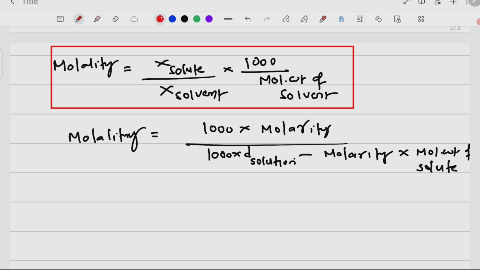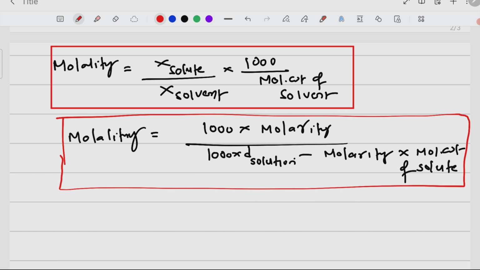So here is an important formula. These interconversion formulas make the difference between top students and slow learners. Molecular weight of solute. So keep it in a box.